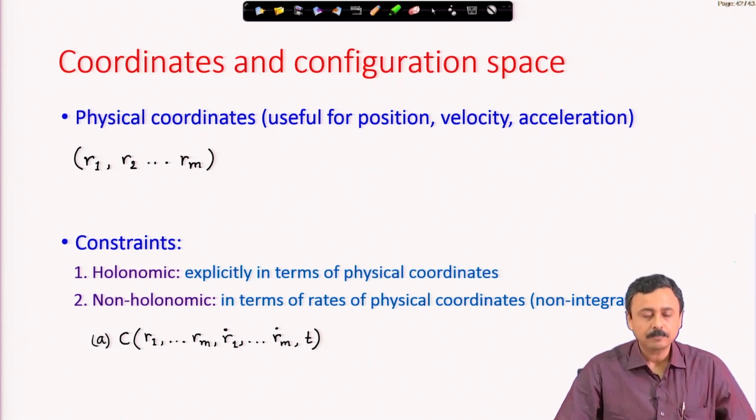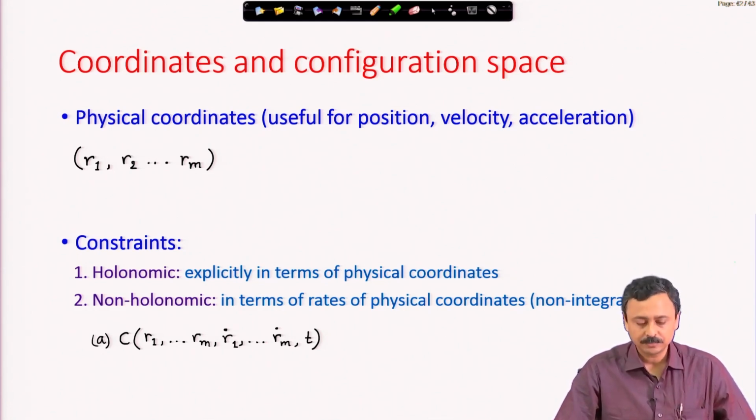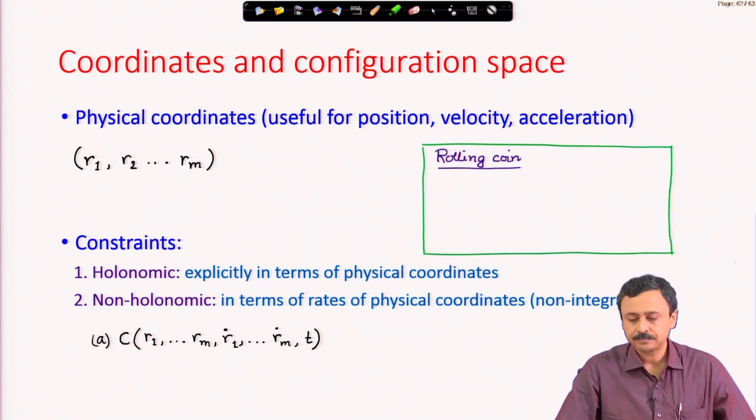This is one form of non-holonomic constraint where it is in terms of the physical coordinates and their rates, non-integrable, and in general time. An example is of course the rolling coin.